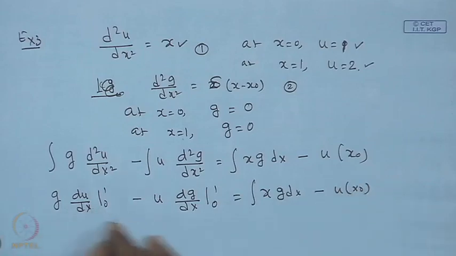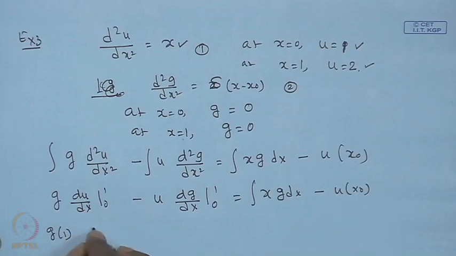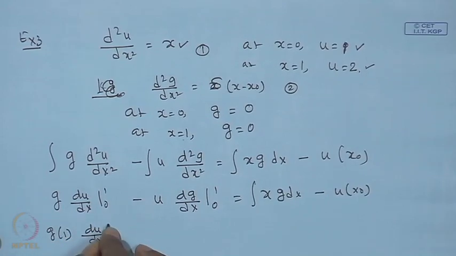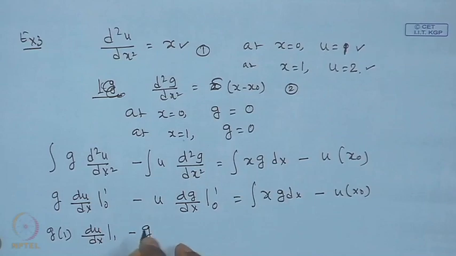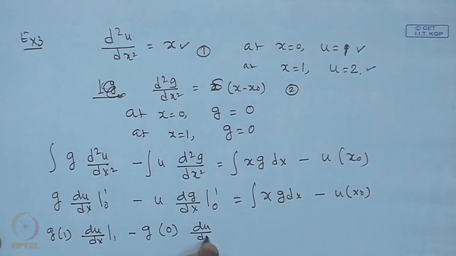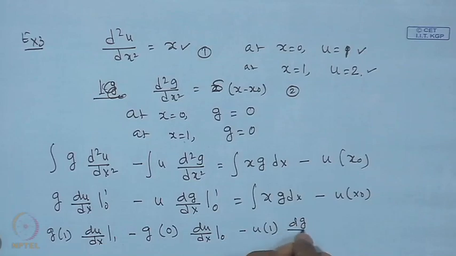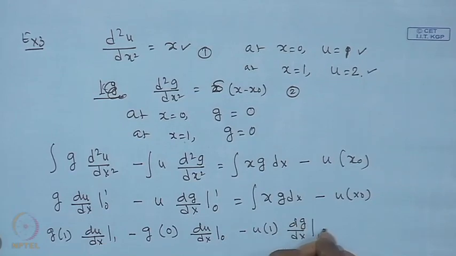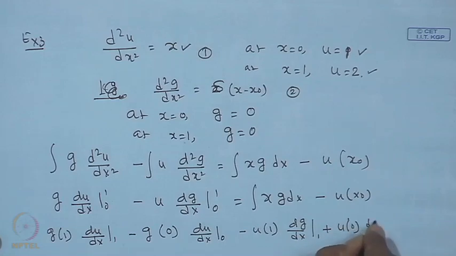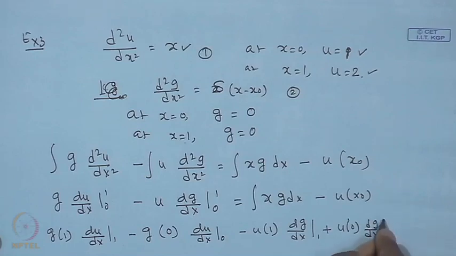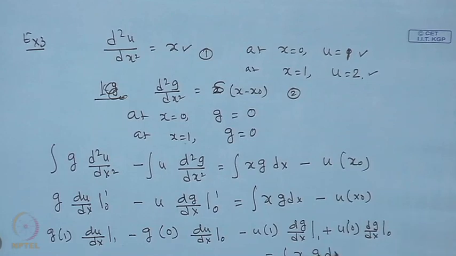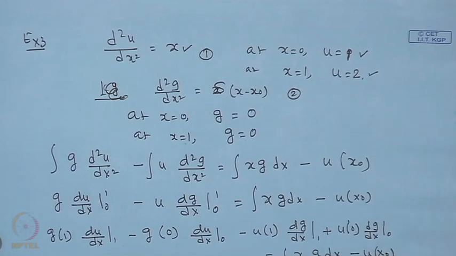So, now we evaluate it: g at 1 du dx at 1 minus g at 0 du dx at 0 minus u at 1 dg dx at 1 plus u at 0 dg dx at 0 is equal to integral x g dx minus u of x naught.